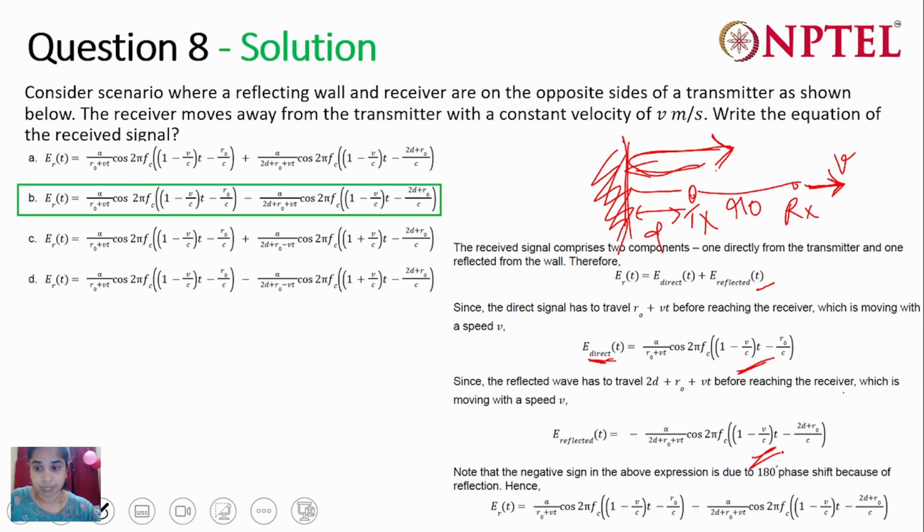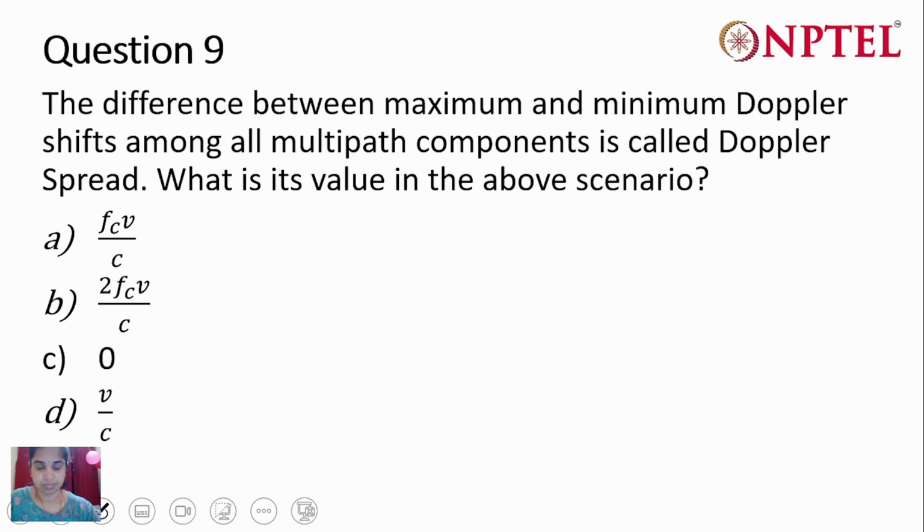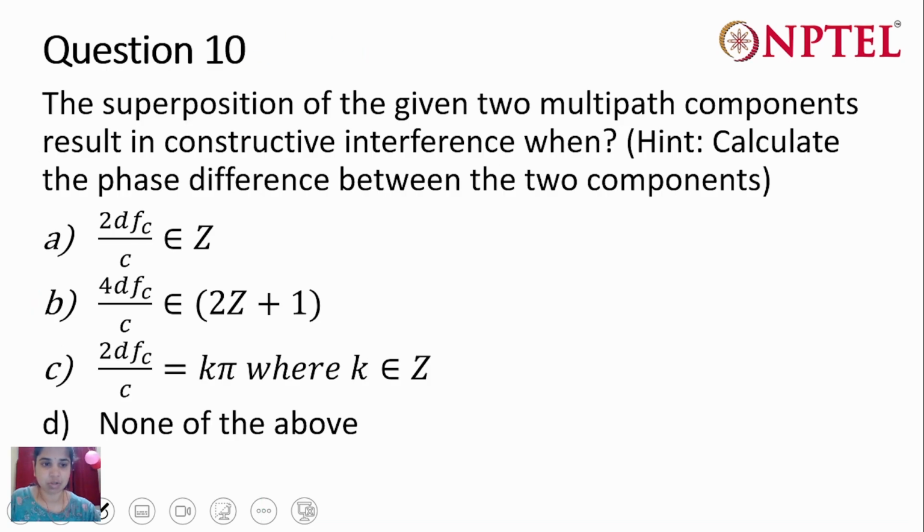Can you show the next question? This should consider the same scenario, among all the multipath components. Same way, the next signal is also a similar thing.